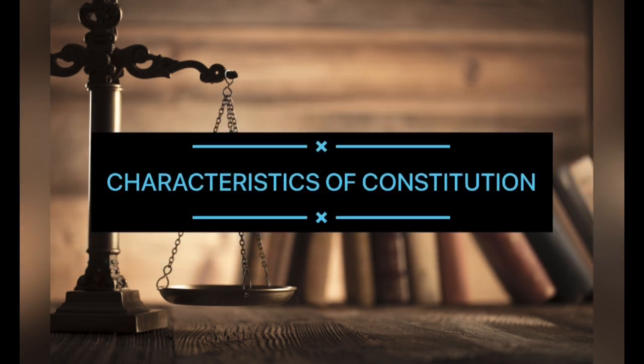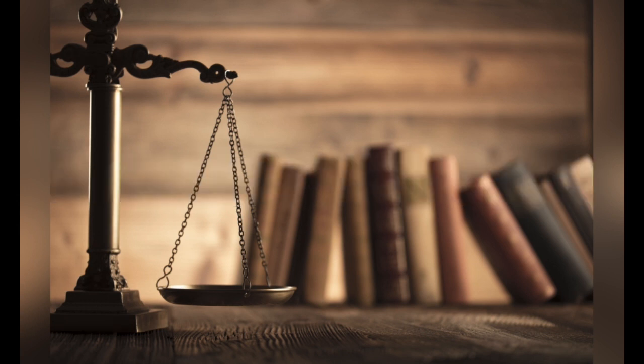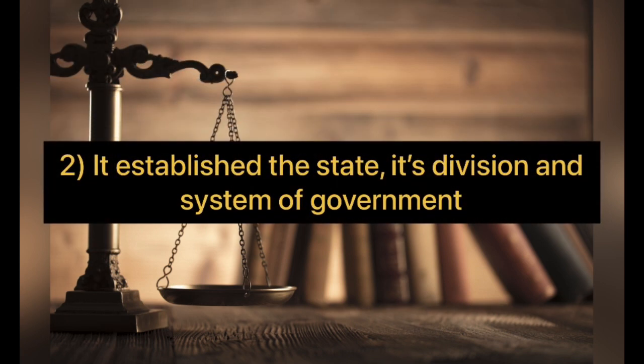Characteristics of a Constitution. 1. It is a product of the constituent power. In the 1992 Constitution of Ghana, Article 1, the sovereignty of Ghana resides in the people. 2. It establishes the state, its divisions, and the system of government.